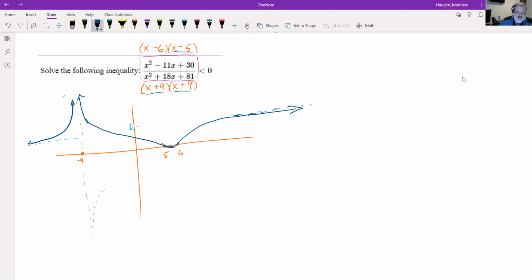You can touch asymptotes. You can't touch vertical asymptotes because vertical asymptotes are where the function is undefined. But horizontal asymptotes, you can touch horizontal asymptotes all you want. We even saw problems yesterday where we had a graph that went like that, and then like that, and then like that, right?